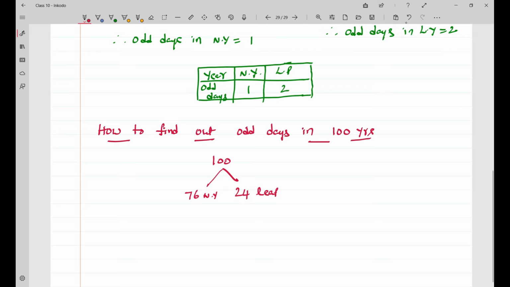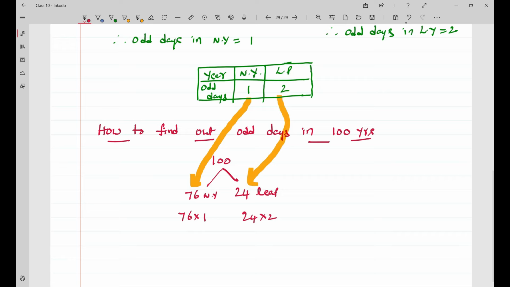As we know, there is 1 odd day in a normal year. So 76 should be multiplied by 1, and there are 2 odd days in a leap year, so 24 should be multiplied by 2.